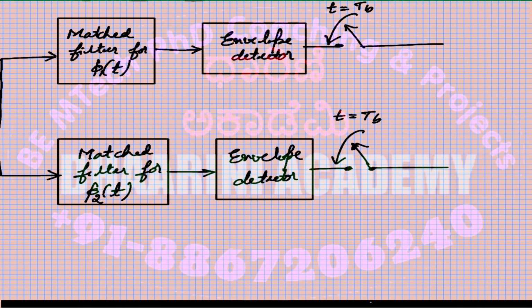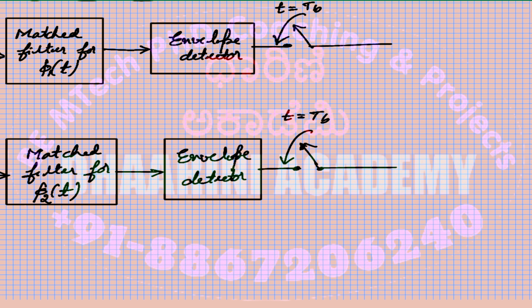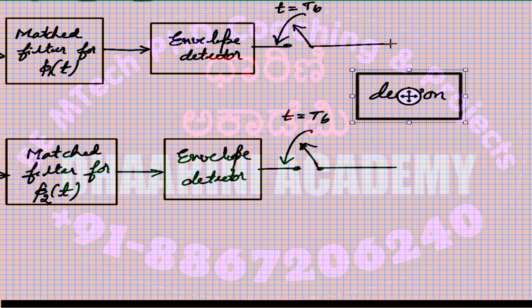Okay, then we have a sampler at t equal to tb to produce this. Now, what we can do, let's try to write a decision based circuit. Okay, so this is the decision device, and this device takes inputs like this.